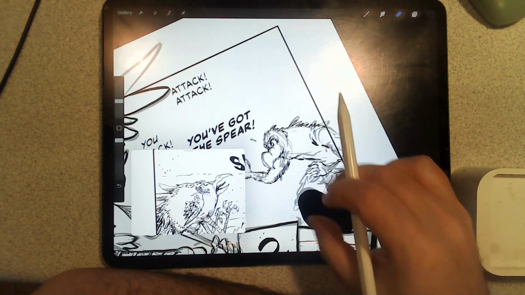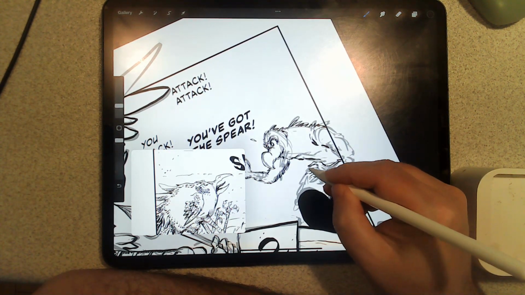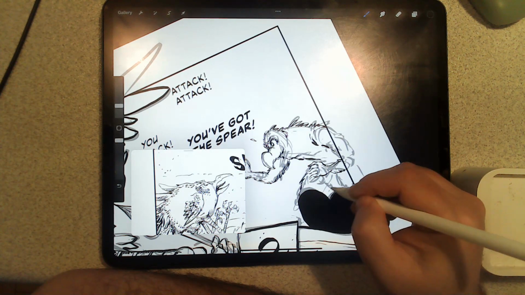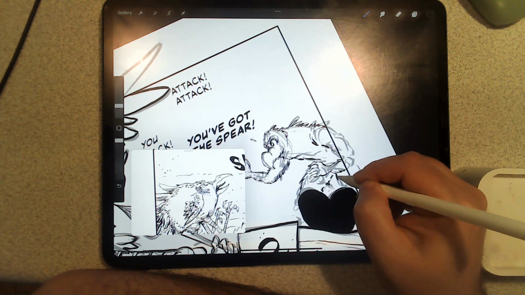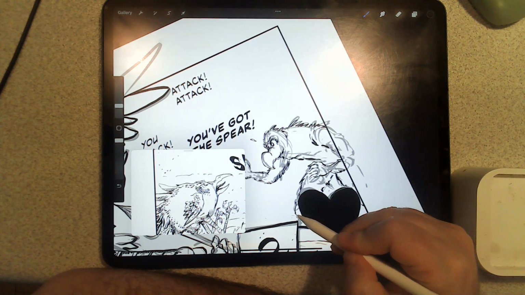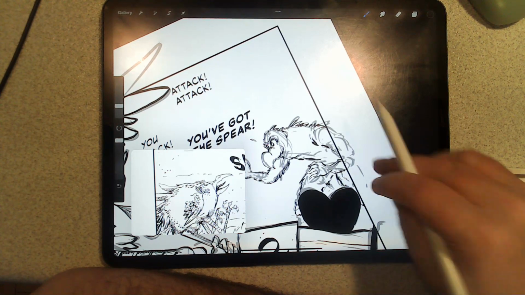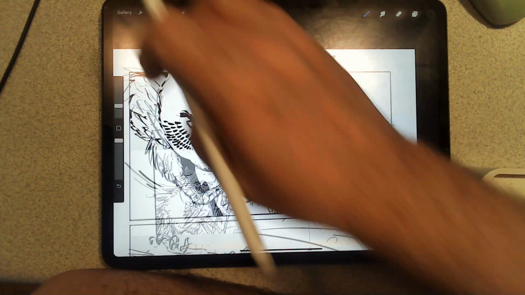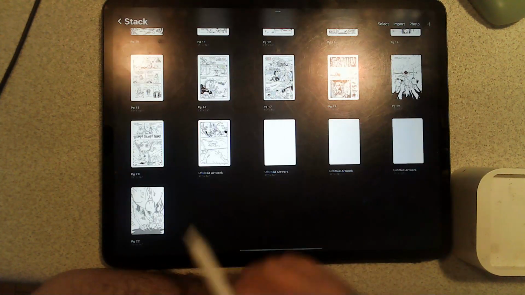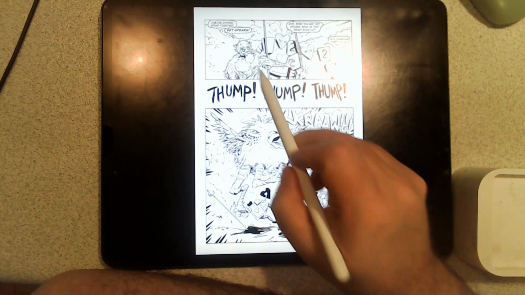All right, you notice we're going with a thinner line here. That's to show that Brillig is further back from the action. He got initially kind of missed by the charge of the Jub Jub back on the other page. See, he's over here, kind of off to the right.